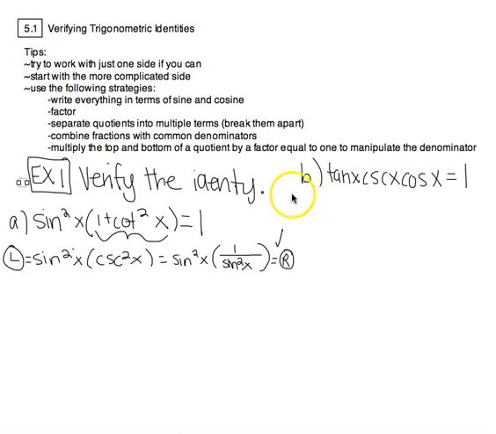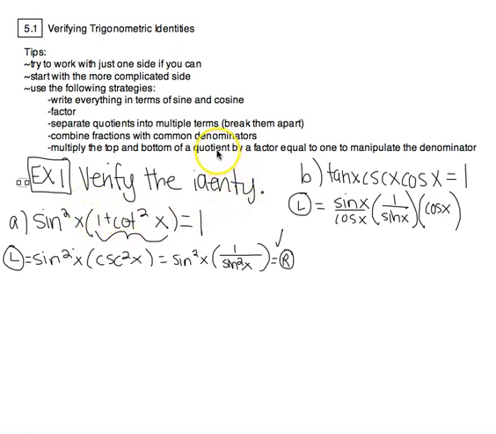So I'm going to, again, use the same strategy that we used in the first one, that I'm going to try to rewrite everything in terms of sine and cosine. So tangent is sine divided by cosine. Cosecant is 1 over sine, and cosine is just itself.